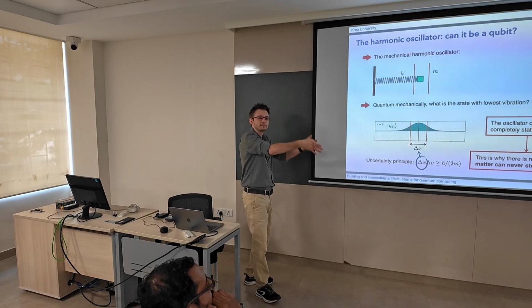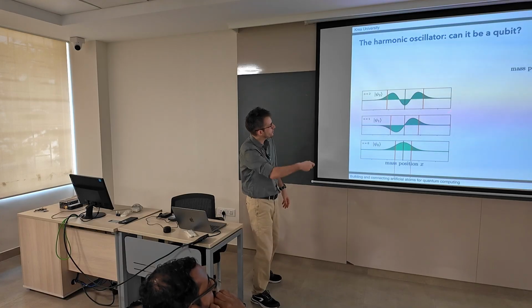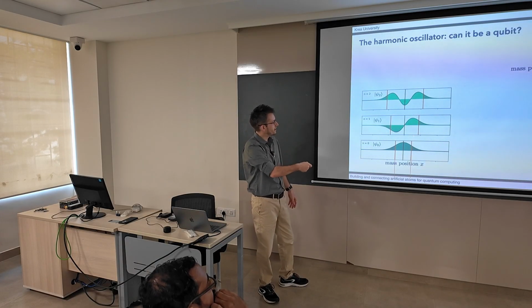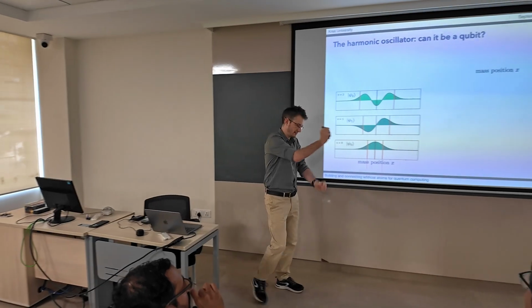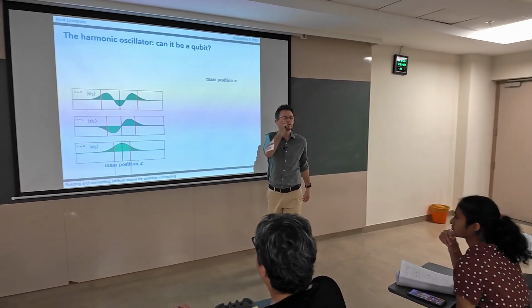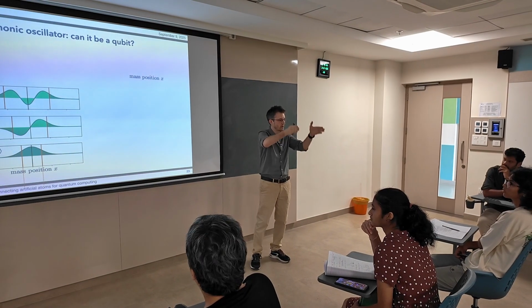similar to the electron in the box. And the higher states are going to be these self-sustaining states. The oscillator is confined by the spring, right? For the electron in the box, we had walls, so we had a confinement.